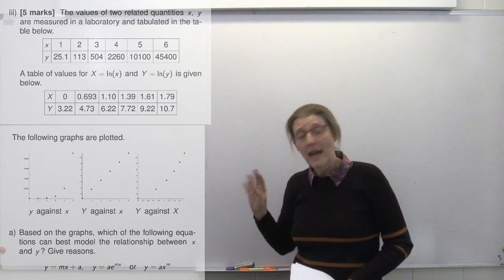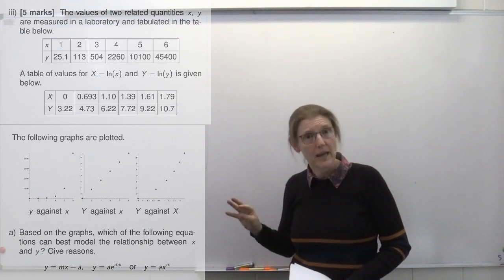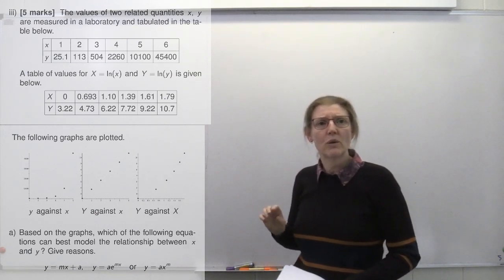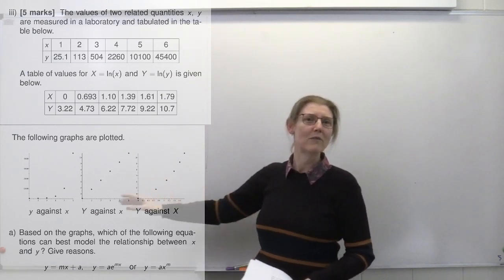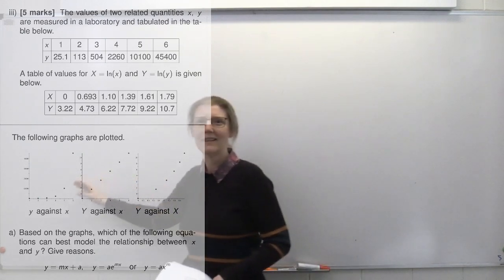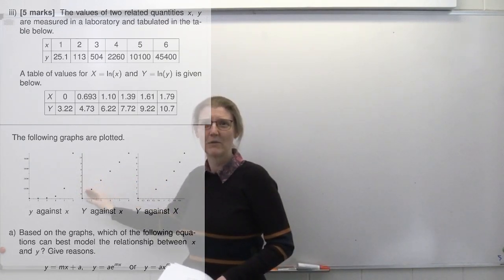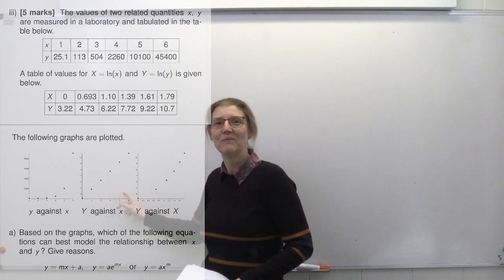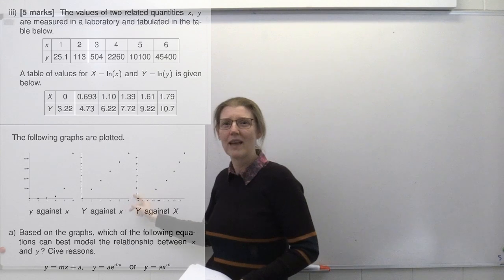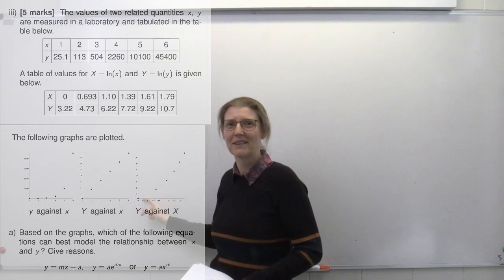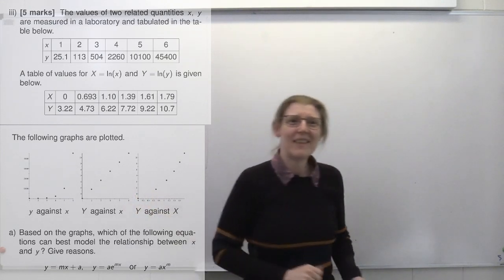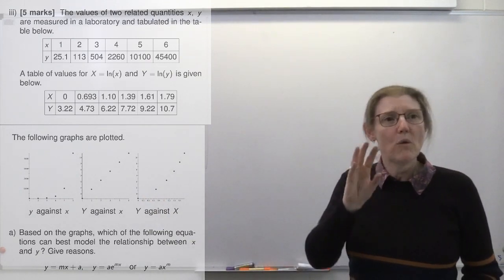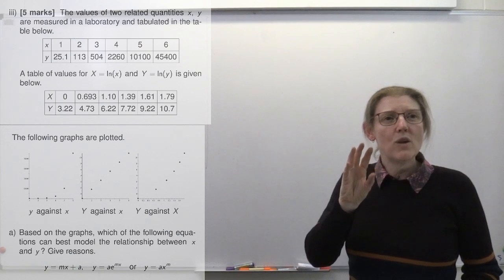The third one, capital Y against capital X, well, it looks a bit like a straight line, but if you look at the origin, right on that last plot, down here, then you are going to see that that point is not collinear.